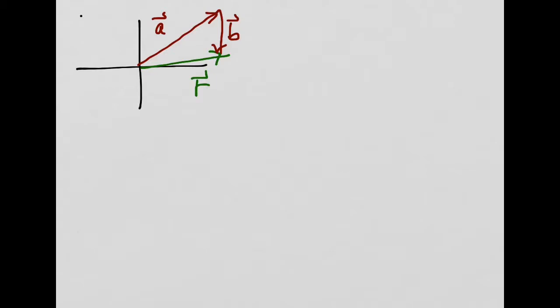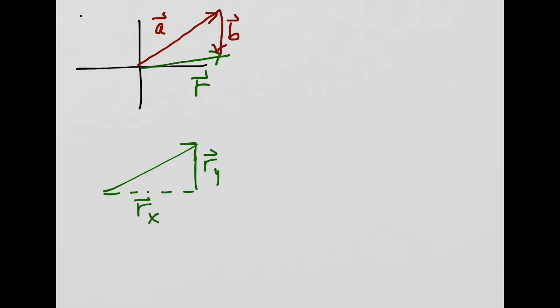So we know that I could break up A into components and B was already in components. The vector R is also made up of components.